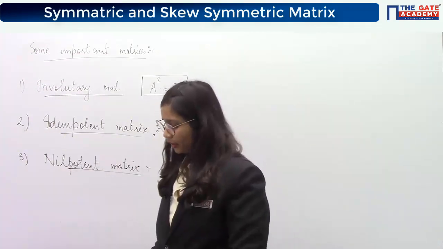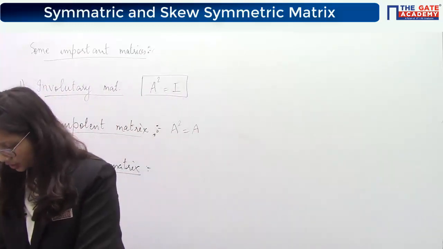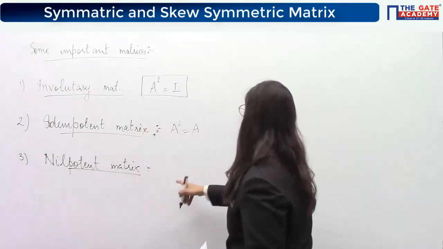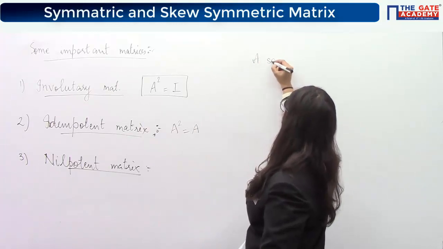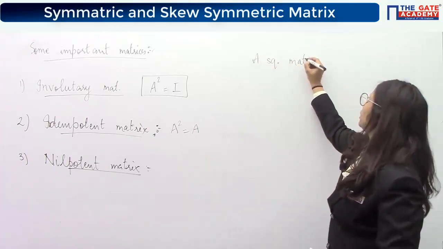Next one is nilpotent matrix. Write down the definition. Nilpotent matrix is a square matrix.